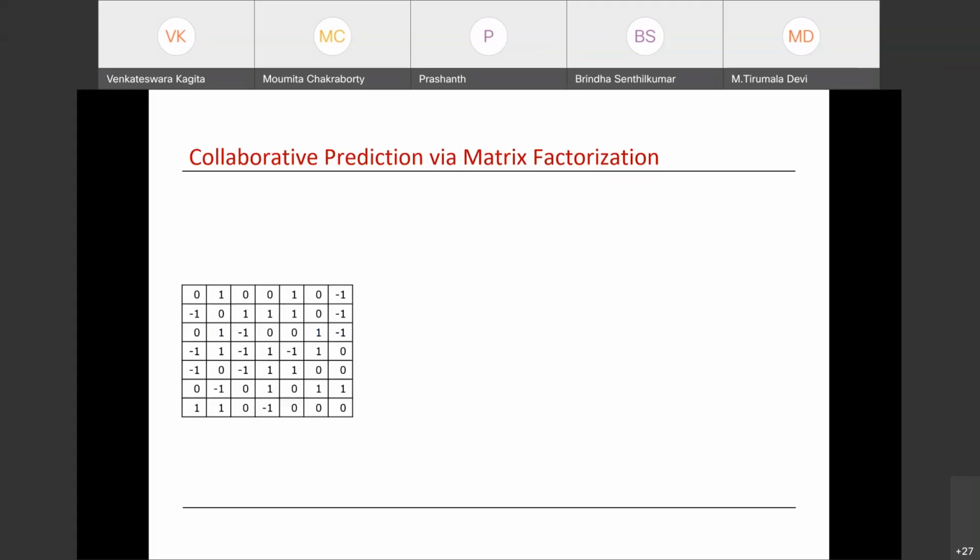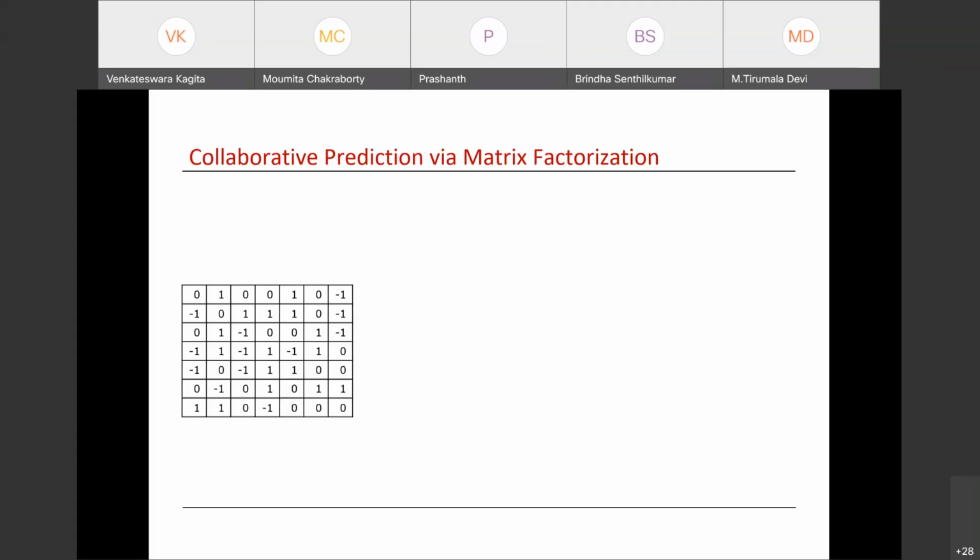So it assumes that there are some low dimensional latent factors which represent the users and the items. For example, assume this is a binary rating matrix where we have only ones and minus ones, where minus one means disliked by the user, and there are some unobserved entries.